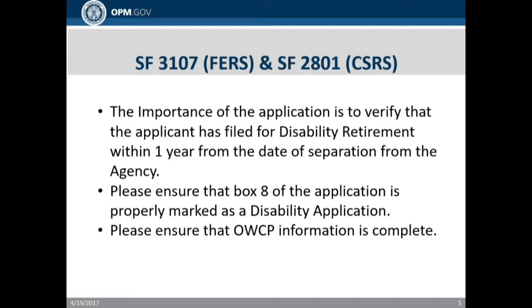We must ensure that box 8 on either application is properly marked as a disability application. We also want to ensure that OWCP, which is the workers' compensation information, is complete. We also want to ensure that the application is dated and signed by the applicant.